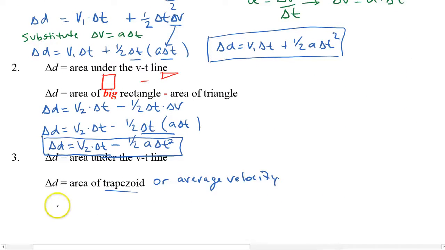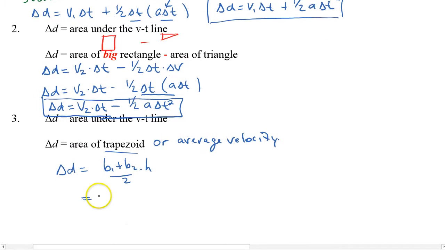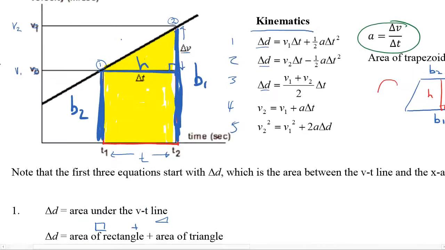So we say the area, delta d, is equal to b1 plus b2 over 2 multiplied by the height. And let's consider, what is base 1? Well, base 1 is v2, the final velocity. Base 2 is the initial velocity.